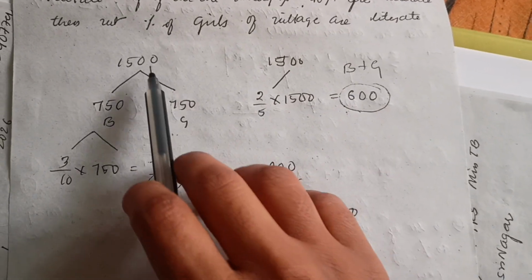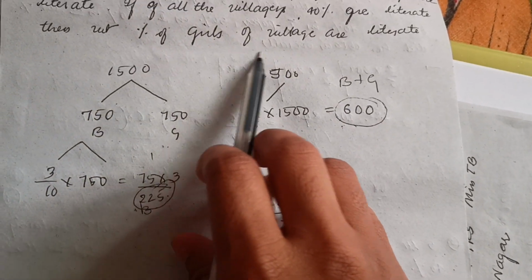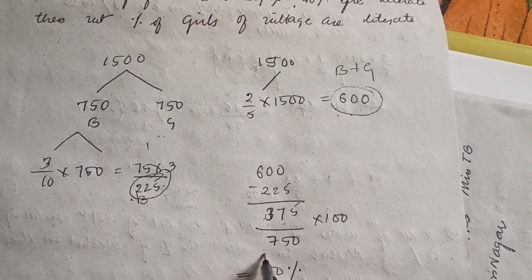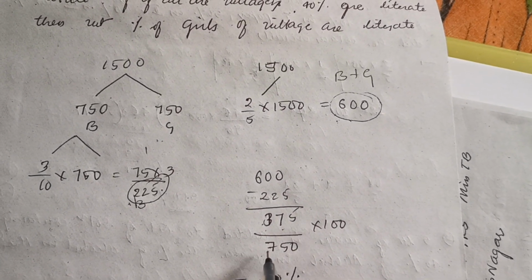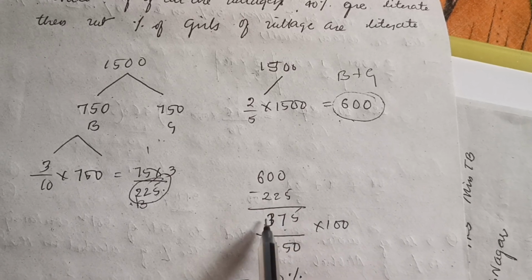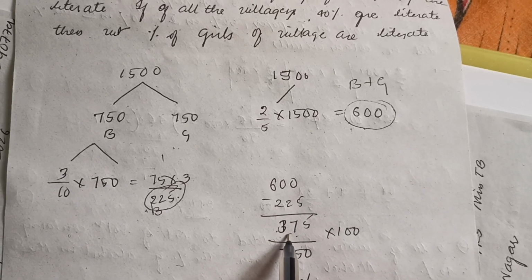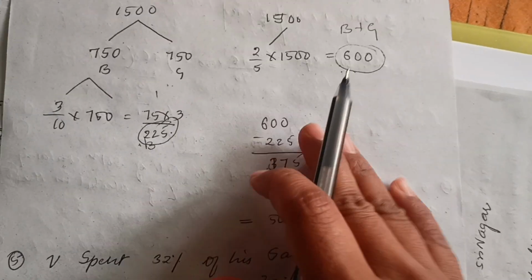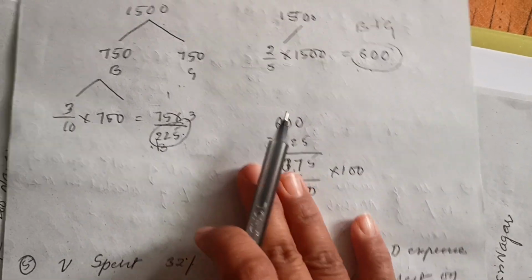And we have to calculate the percentage of the girls of the villagers who are literate. So there are a total of 750 people who are girls. In that 375 people were girls who are literate. So that should be multiplied with 100. So after that we will get 50.